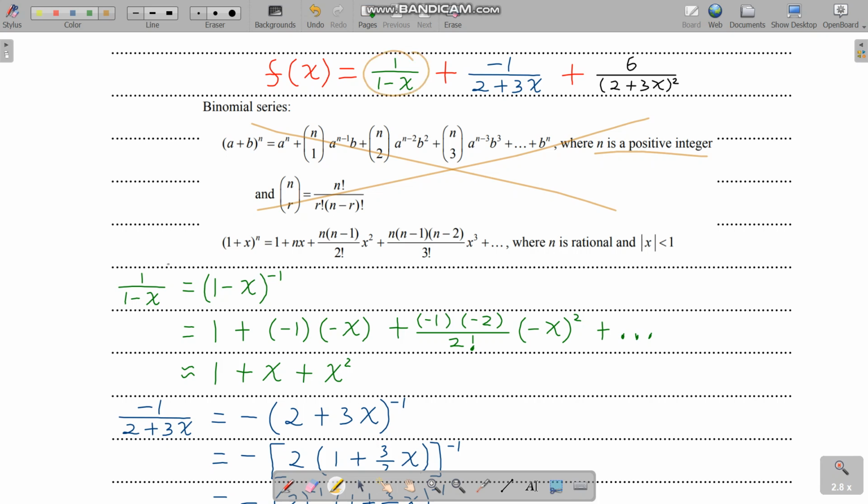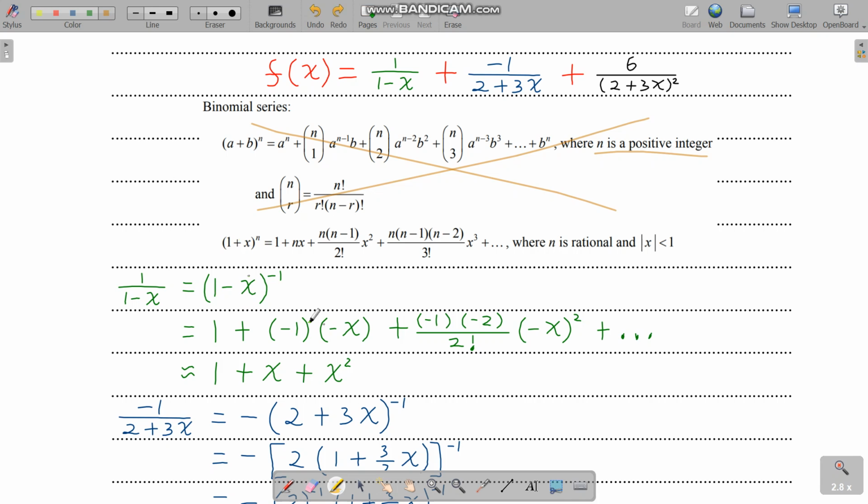So for the first term, 1 over 1 minus x, that's the same as 1 minus x to the power of minus 1. Since we have 1 plus or minus something, we can just apply the binomial expansion formula directly. In this case, our n is minus 1, and we replace this x in the formula with minus x. Notice that the minus is included.